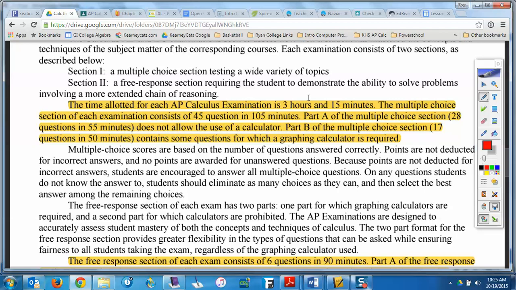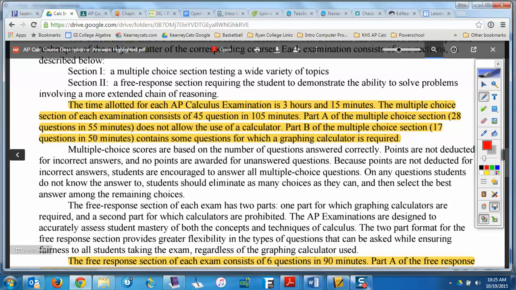All right, so anyway, there's 45 questions on the multiple choice part. Okay, there's the part that is no calculator. There's 28 questions in 55 minutes. And the part B, there's 17 questions in 50 minutes. And that's where you do get to use your graphing calculator.